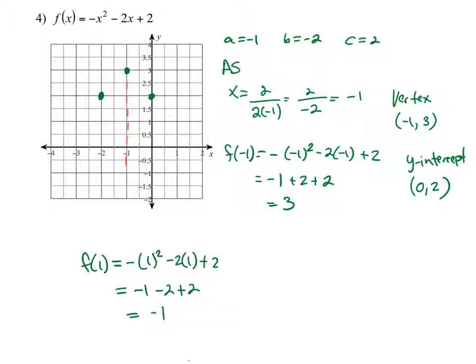So 1, 2 is down here. And again, I'm going to mark it right here. Right? And that's my graph right here.